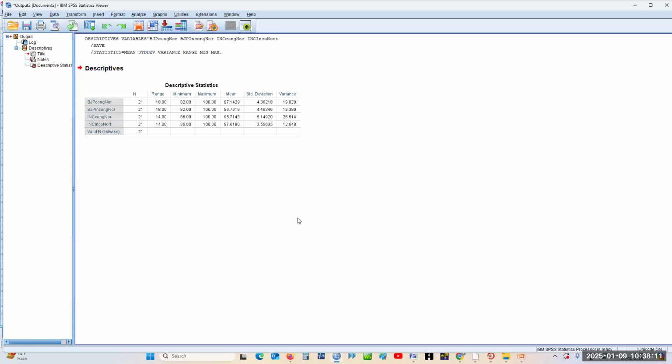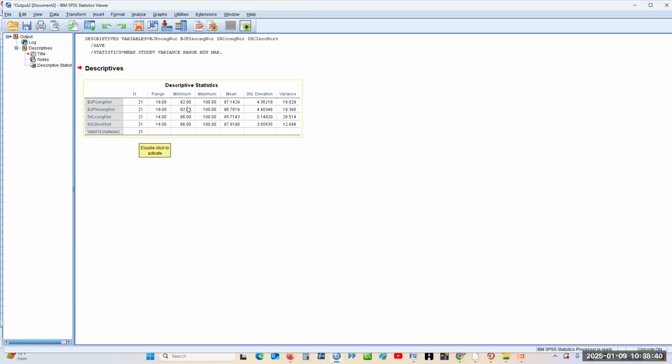All of you can see the descriptive statistics, where we find the total number of subjects is 21, and we have range, minimum and maximum. For BJP, the minimum accuracy is 82 and the maximum is 100. In all cases, we have a maximum of 100% accuracy.